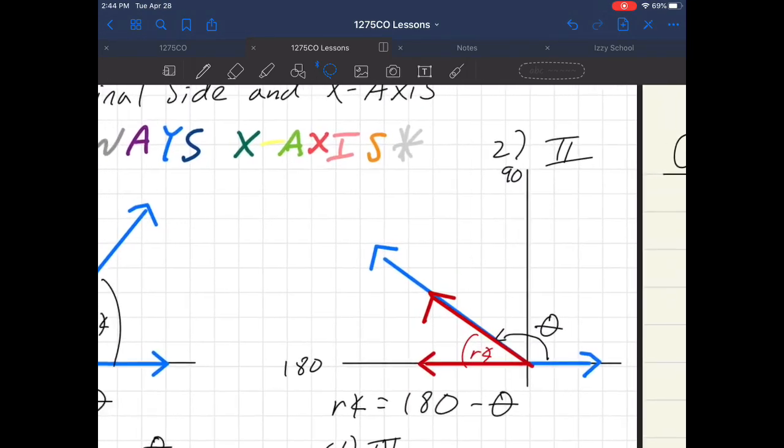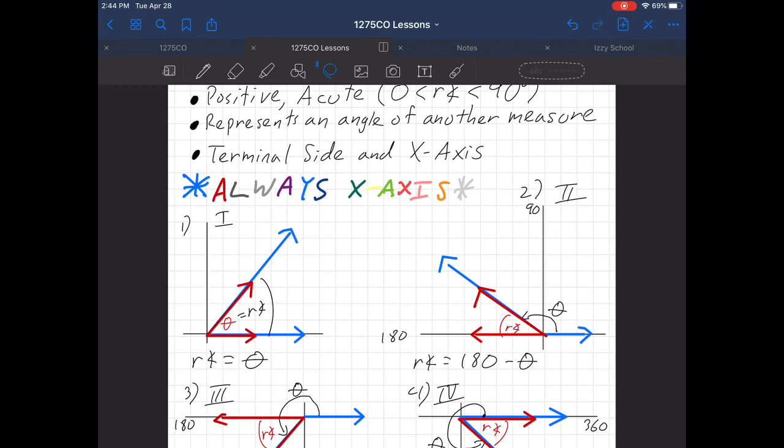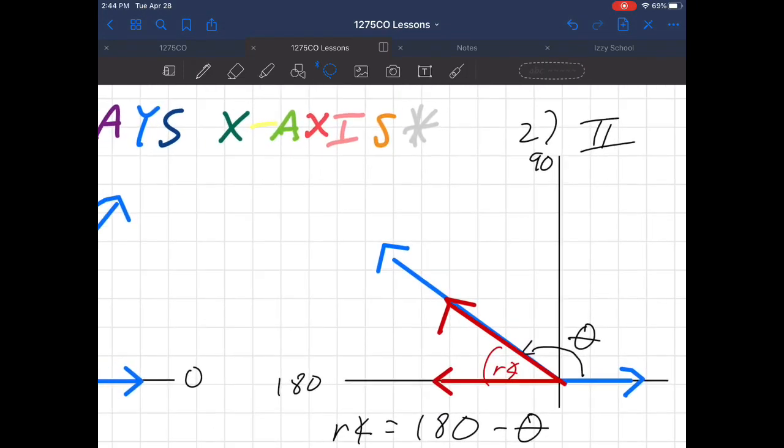If we move over to quadrant 2, where the angle itself, theta, will measure between 90 and 180 degrees, in quadrant 1, an angle theta will measure between 0 and 90 degrees. But if we move to quadrant 2, where the angles are measuring between 90 and 180.